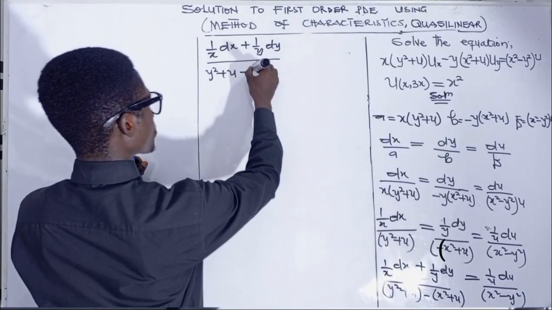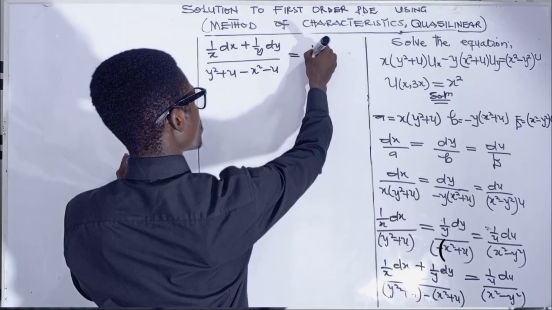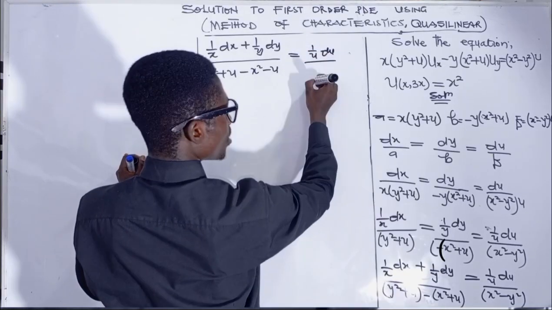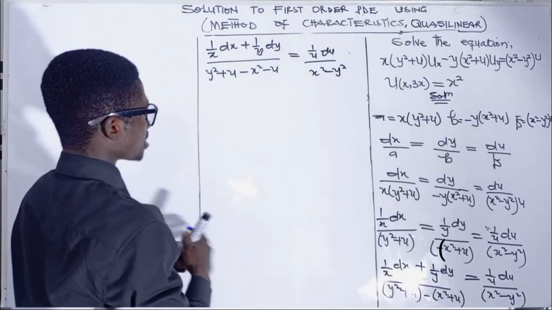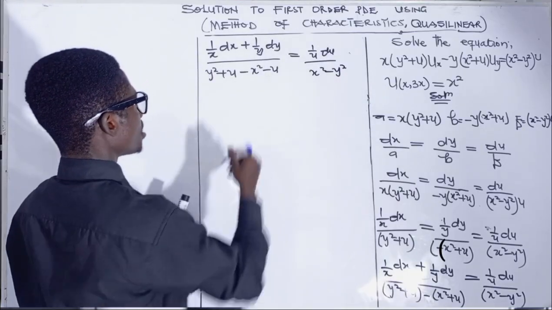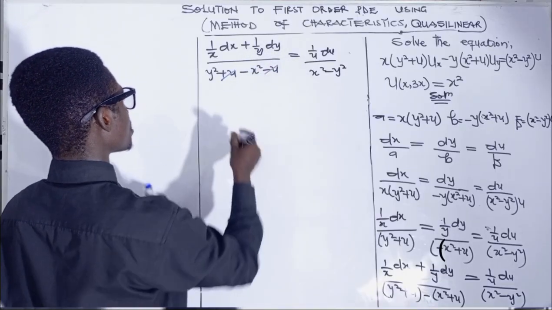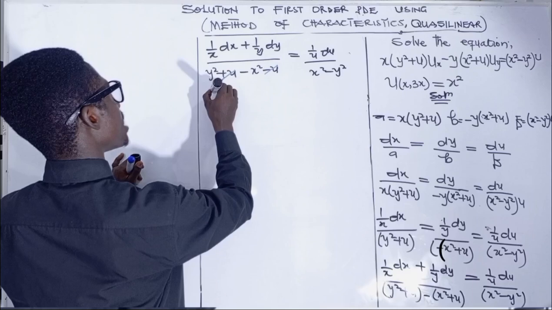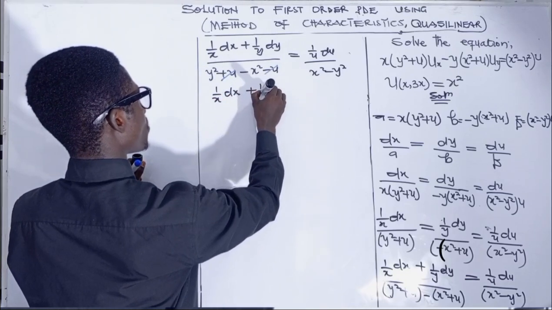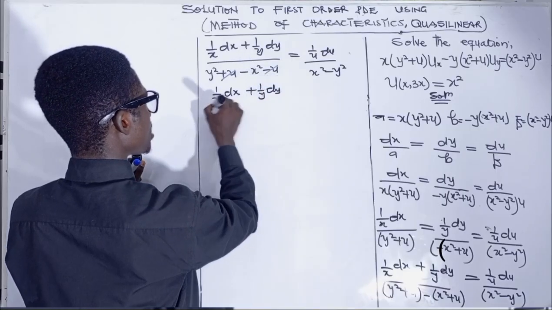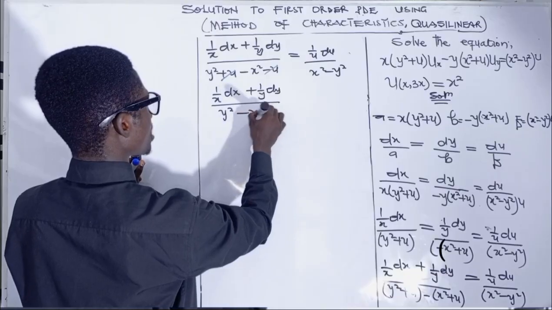This will give us minus x squared minus u, and this is equal to 1 over u du all over x squared minus y squared. From here, we can see that one of the u will cancel the other. So this u cancels this u. So we are left with 1 over x dx plus 1 over y dy all over y squared minus x squared.